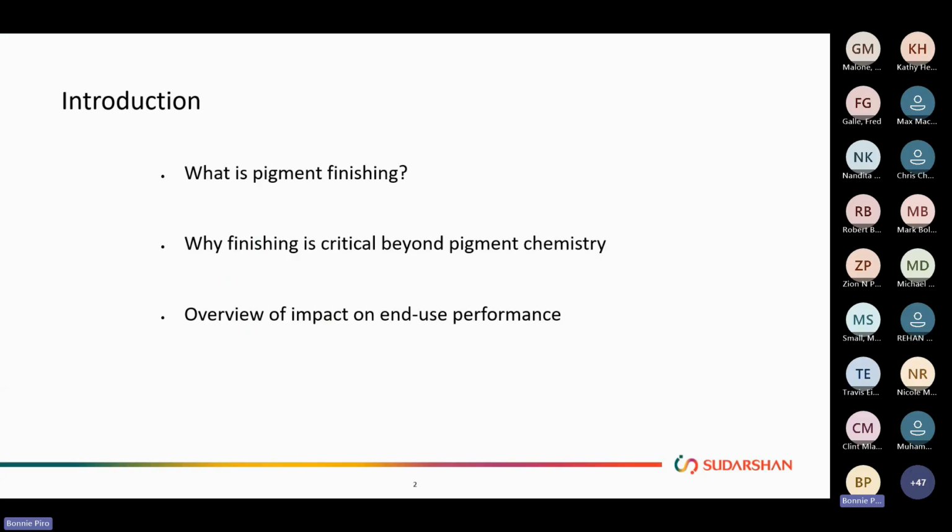So we'll go into what is actually pigment finishing, and why the finishing is critical beyond just the chemistry of the pigment. And then I will provide you with a number of examples to show you how that finishing can impact the end performance.